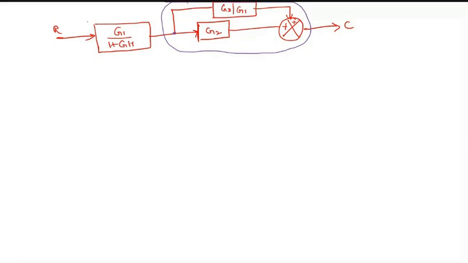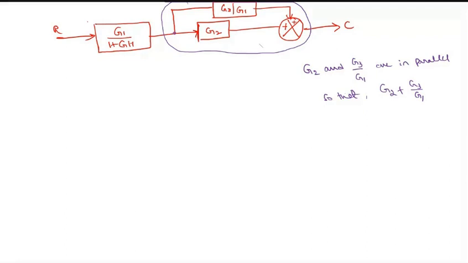So it should be a parallel connection. If it is parallel, we know the parallel formula. If G2 and G3 by G1 are in parallel, then the resultant will be G2 plus G3 by G1.